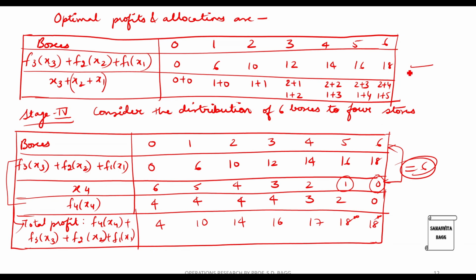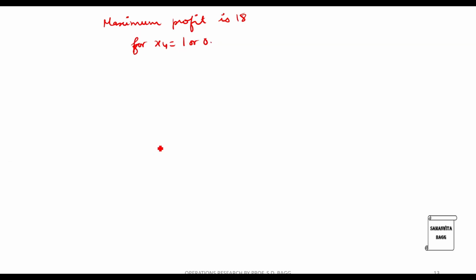When you trace back to this table, you can see the maximum value over here is 18. When I have this maximum value as 18, here the value of x3 is either 2 or 1. So I figured out x4 is 1, 0. From here I figured out x3 is 2 or 1 from here. So let me write down a table now where I'll write down the possible optimal allocations.